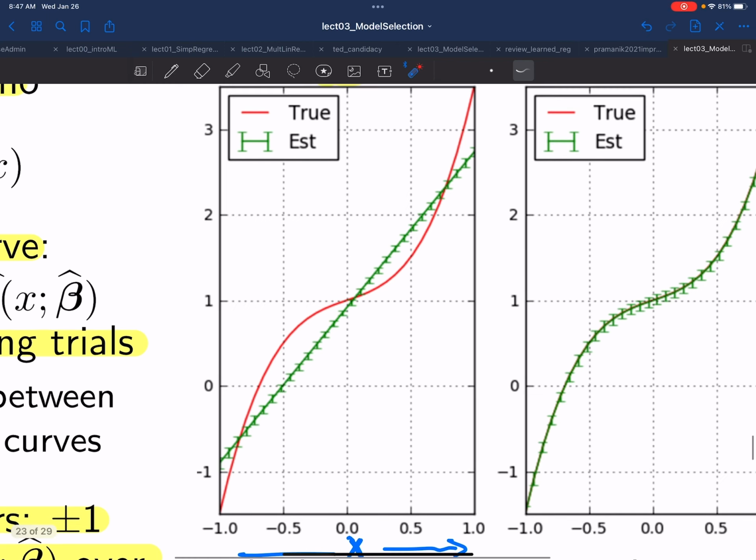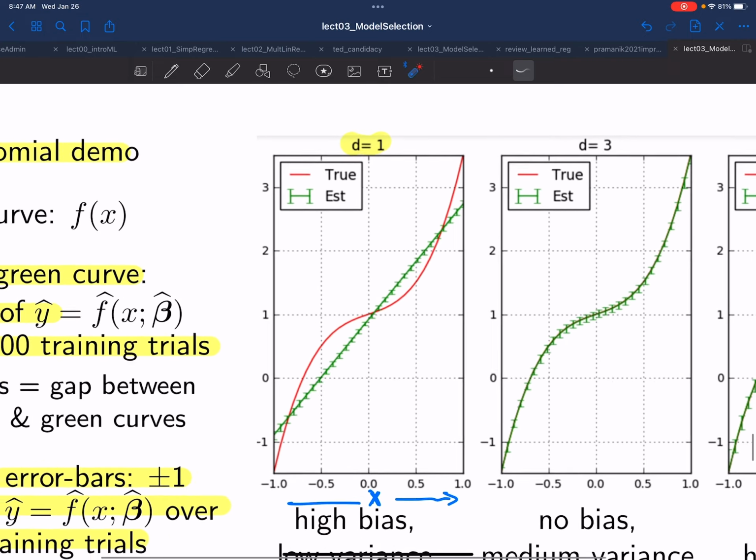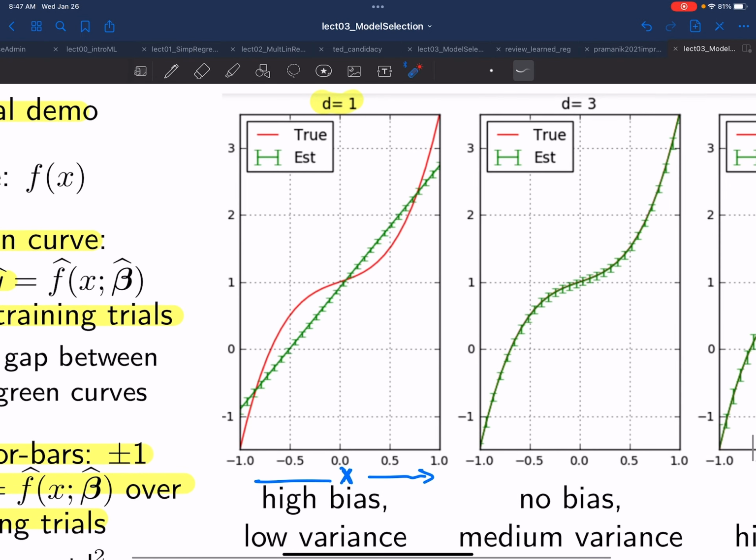Now in this case, if you ask the question, is my model doing the right thing on average? If it was doing the right thing on average, this green curve would be matching the red curve. Obviously, it's not doing the right thing on average, although I guess it is for certain x. Like for this x, it's doing the right thing on average. For this x, it's doing the right thing on average, and so on. But for all these x, it's not. Right?